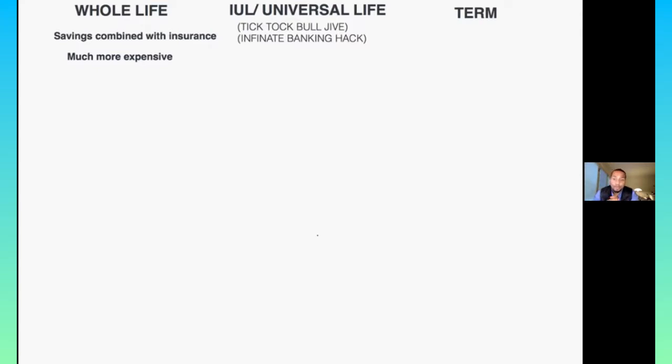The problem though is that savings doesn't start building up for the first 2 or 3 years after you buy the policy, I'm afraid. That's right. So imagine if you went down to a bank, and they said, welcome, Mr. and Mrs. So-and-so.